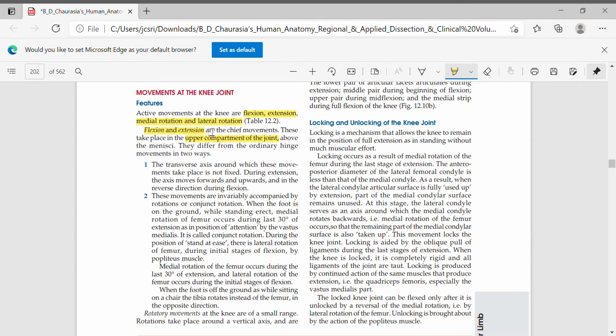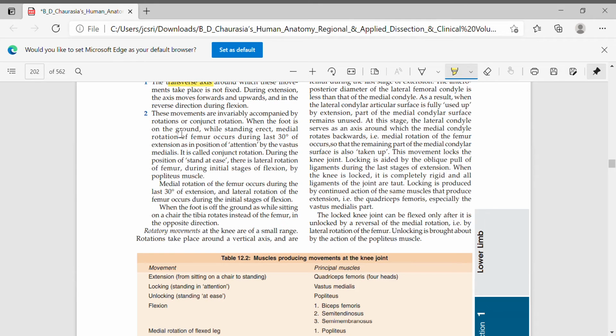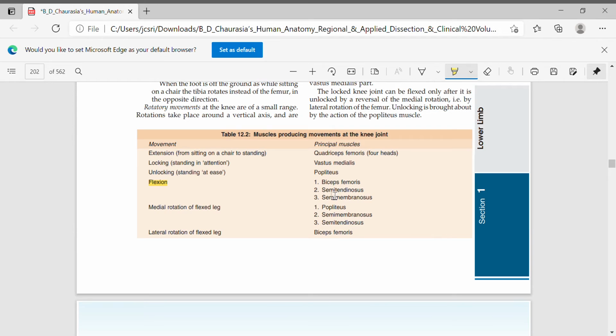Flexion and extension take place around the transverse axis, which is very important, and you should know about each action, along with the muscles contributing to them. For flexion, the muscles contributing are biceps femoris, semitendinosus and semimembranosus.